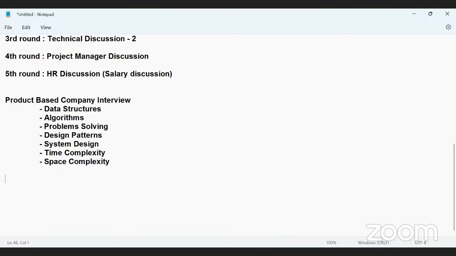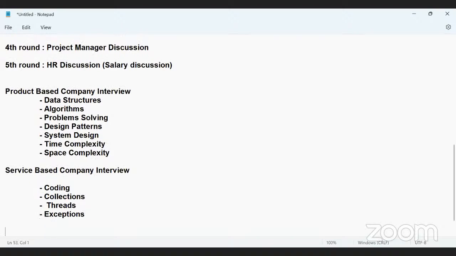Whenever you go for a service based company interview, coding will be available in every interview, and they will ask you core Java collections, threads, exceptions.